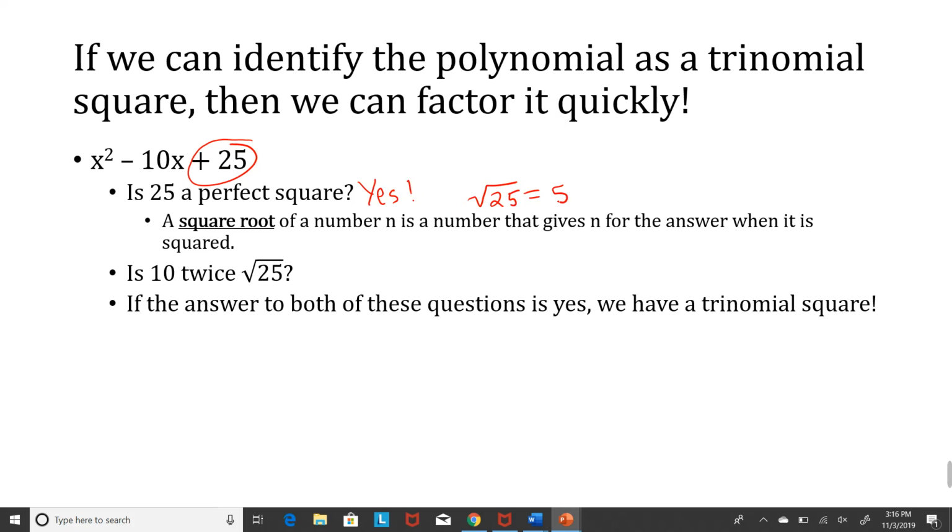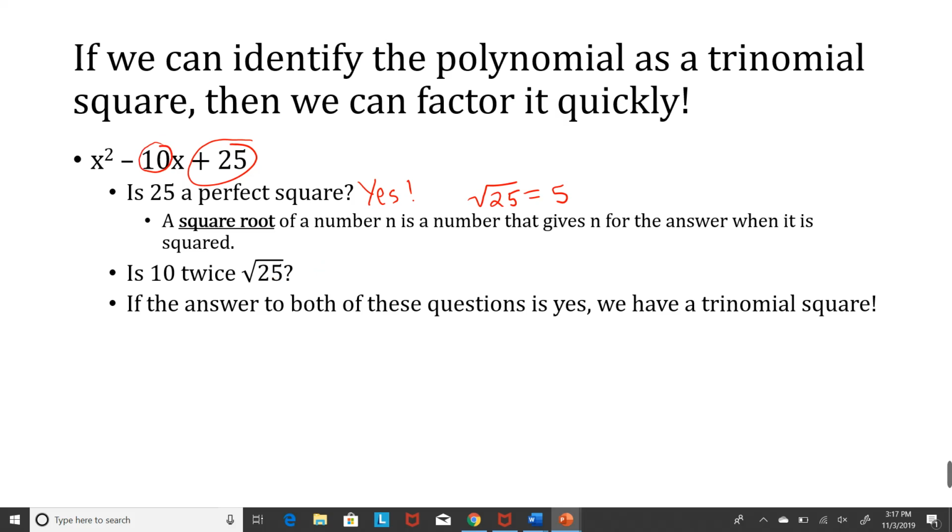So we have that. Now we need to look at the minus 10x. And so if we have a 10, we need to know, is it twice the square root of 25? Yes, 10 is twice 5. The answer to both these questions is yes, we have a trinomial square.